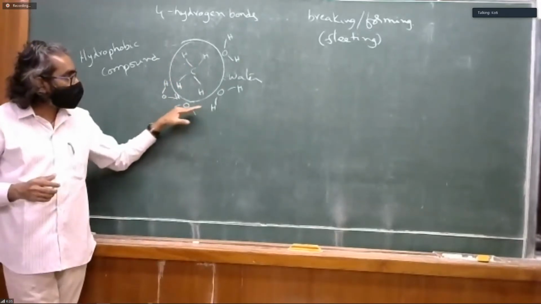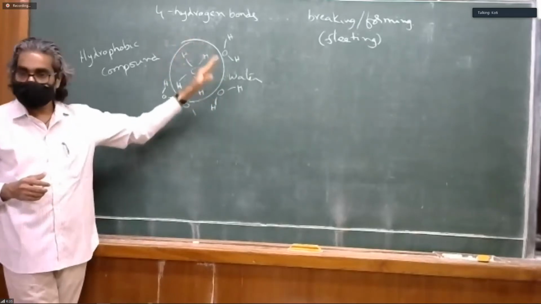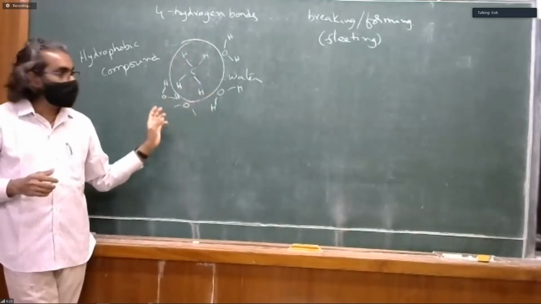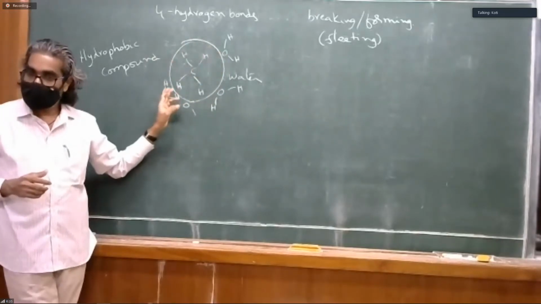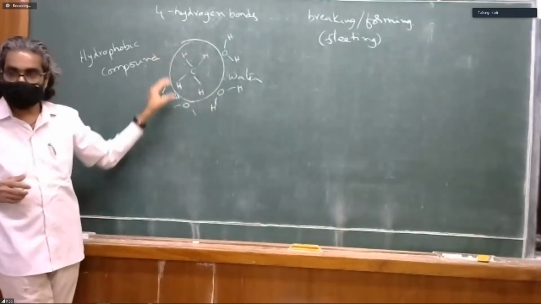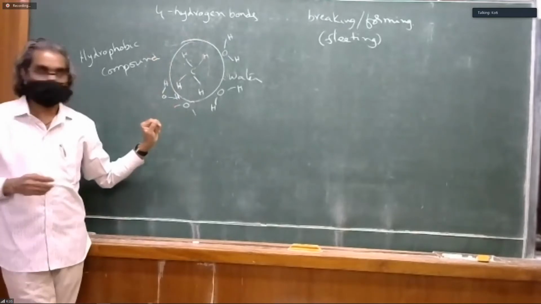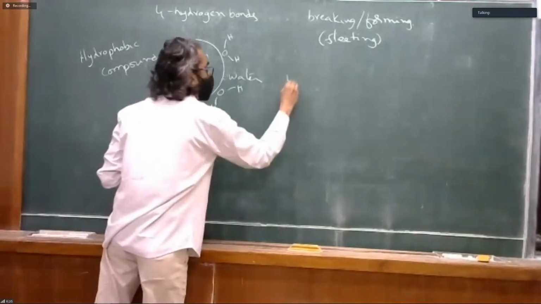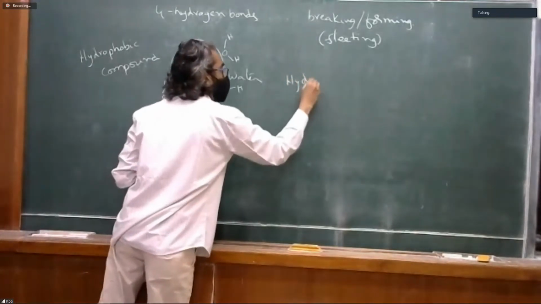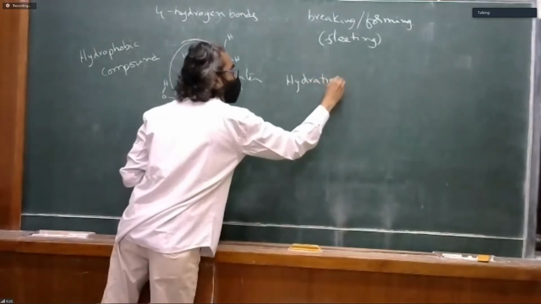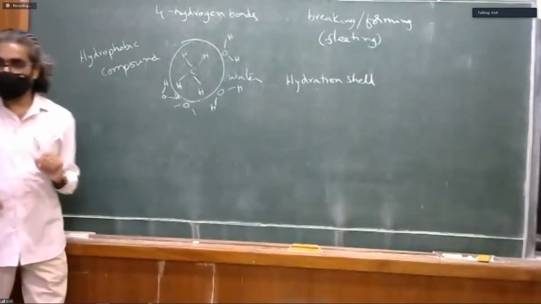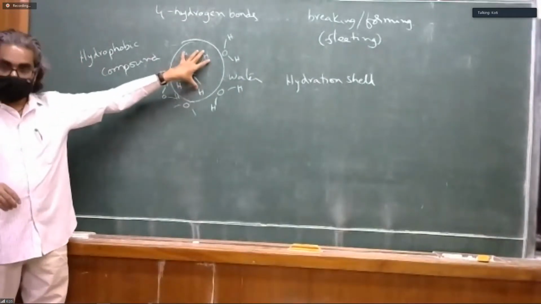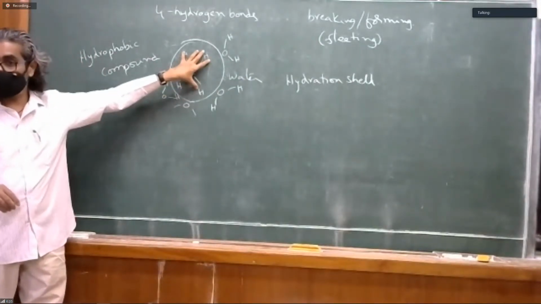The structure around the surface of this molecule is called the hydration shell. The molecules just surrounding the surface of this molecule are called the hydration shell. This hydration shell structure is different depending on whether it is a hydrophobic or hydrophilic compound.